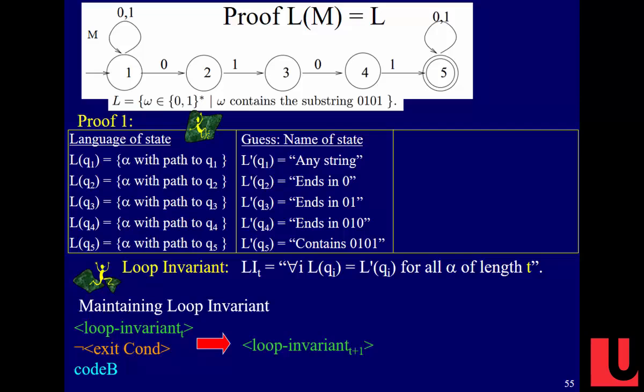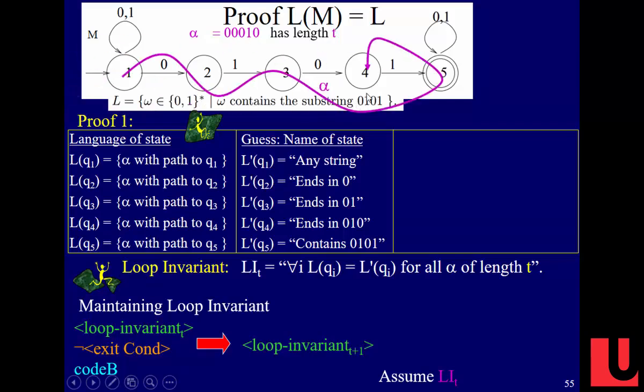Now we want to prove it by induction. So we're assuming it for t. So we have some string of length t. For every string of length t, we assume that it will be in the right states. So here, we take an arbitrary string. We take some path.